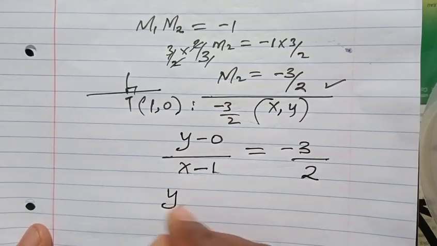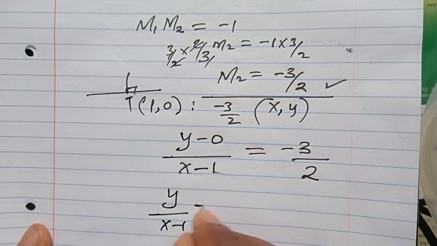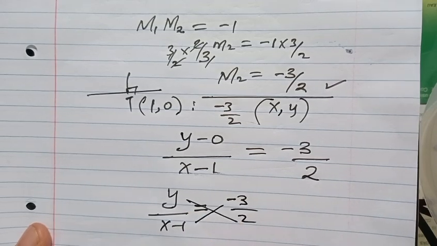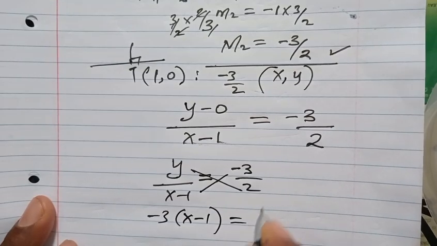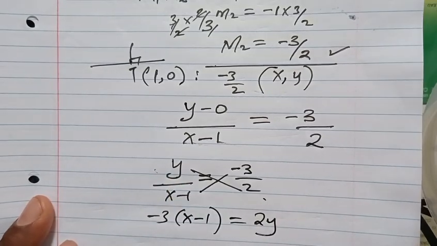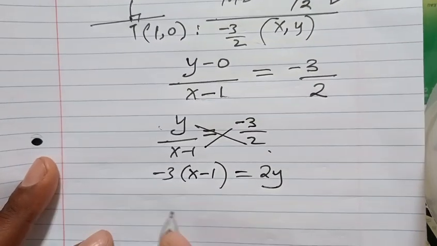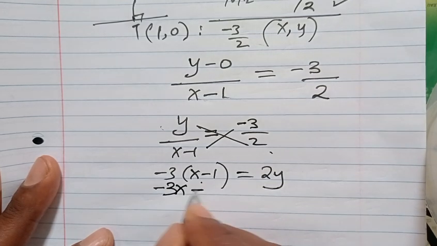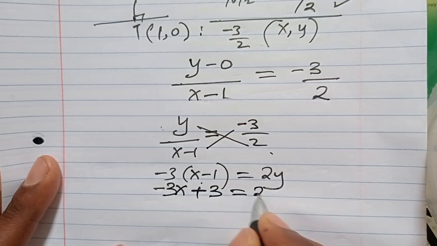Cross multiply: -3 into x minus 1 is equals to 2 times y, which is 2y. Let us first open: -3x plus 3 is equals to 2y.